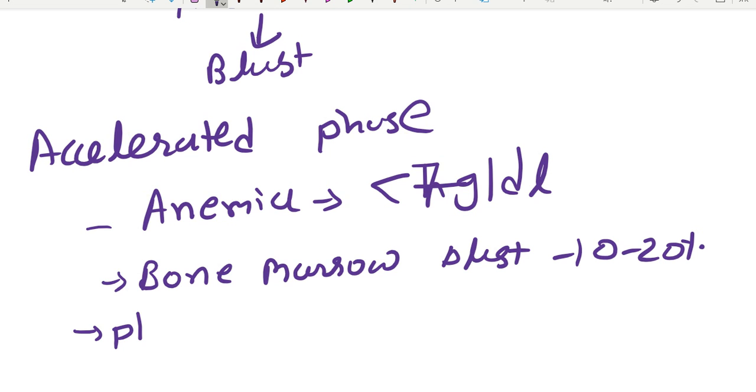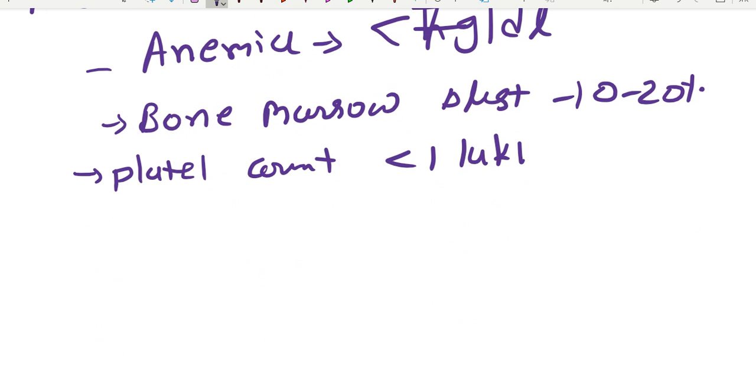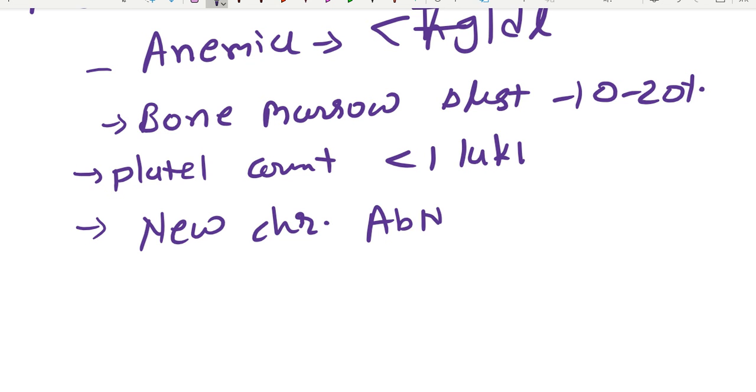Platelet count is less than 1 lakh. There is formation of a new chromosomal abnormality, and bone marrow fibrosis.